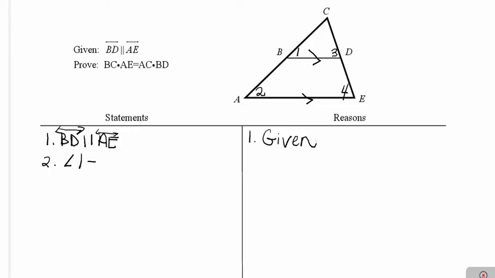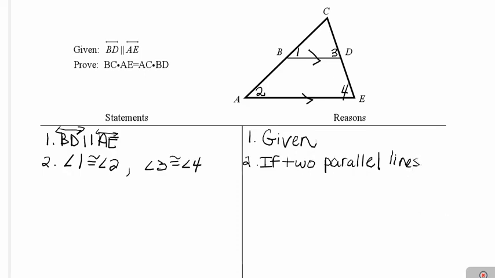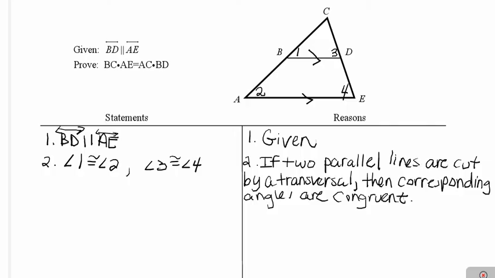There's more than one way of doing this, so I'll just do one way, but it's okay if you want to do it another way. So I'm going to say that angle 1 is congruent to angle 2, angle 3 is congruent to angle 4, because if two parallel lines are cut by a transversal, then corresponding angles are congruent. That's enough information for me to prove that the two triangles are similar now by angle, angle.